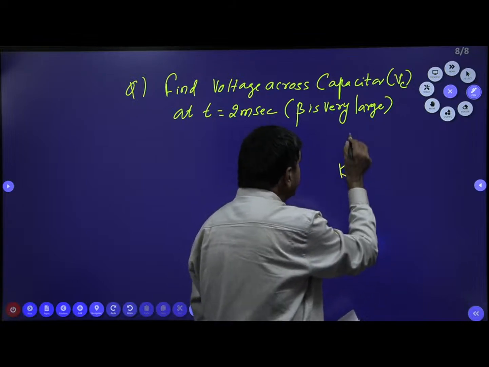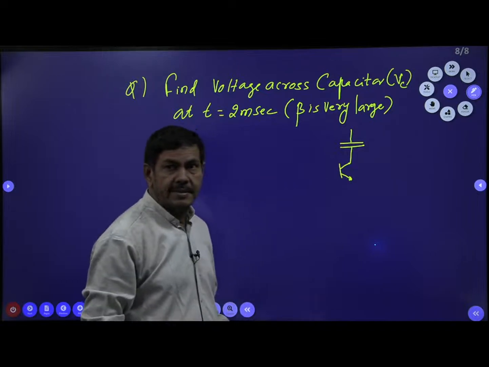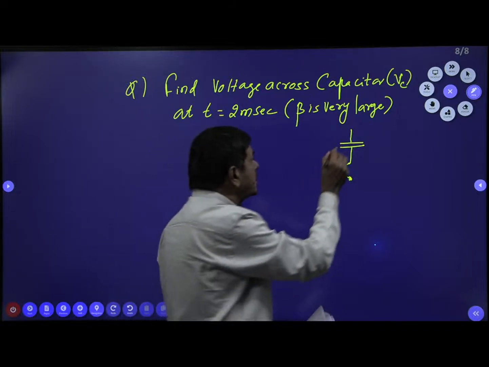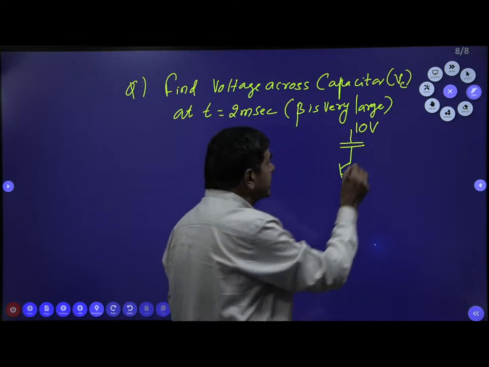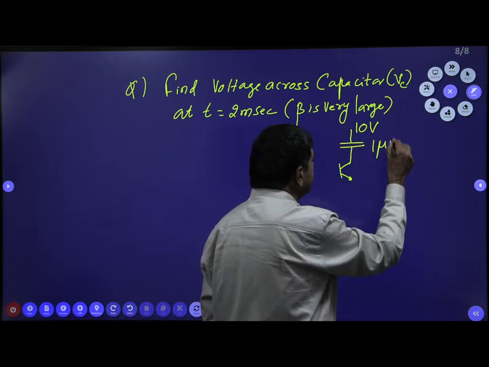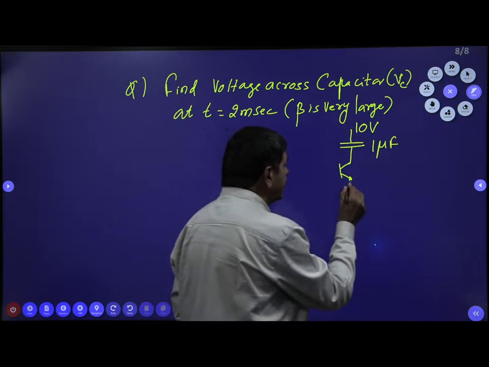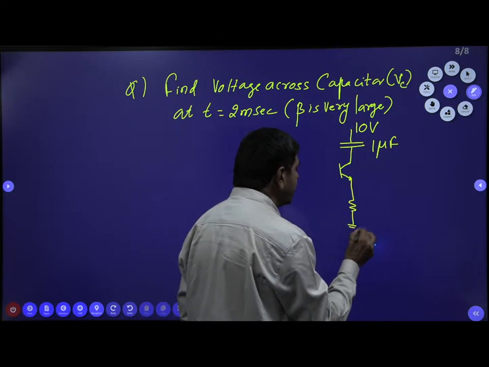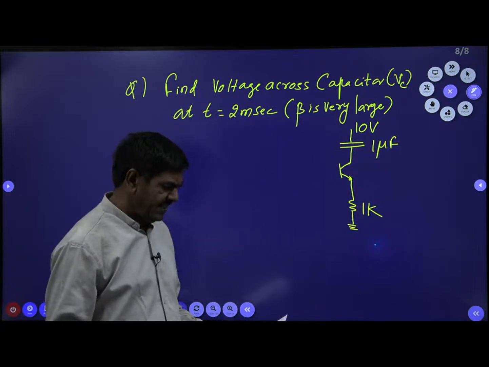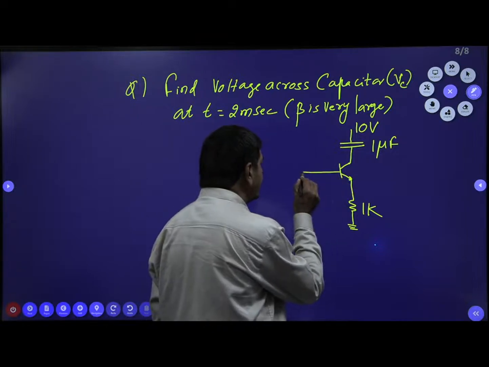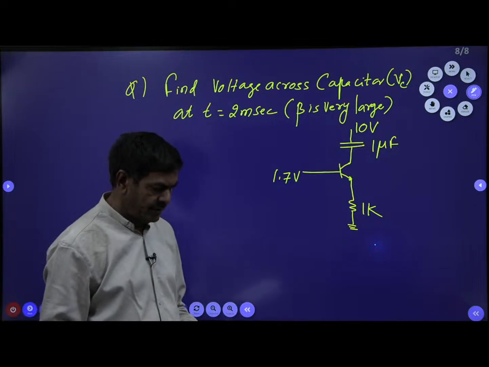Here one capacitor is connected. The supply voltage is given 10 volts. The capacitance is given 1 microfarad. The emitter resistance is connected, 1K. The base voltage is given 1.7 volts.